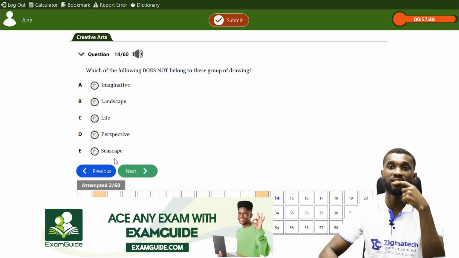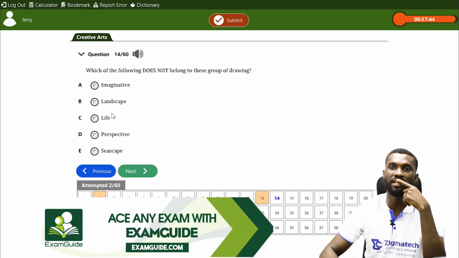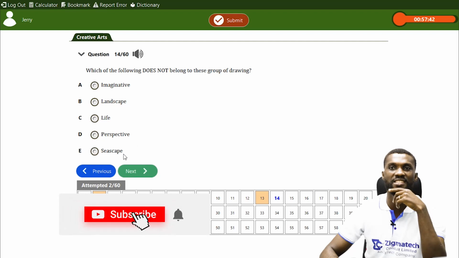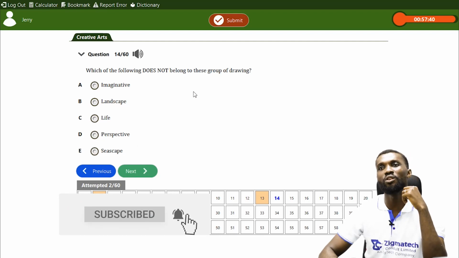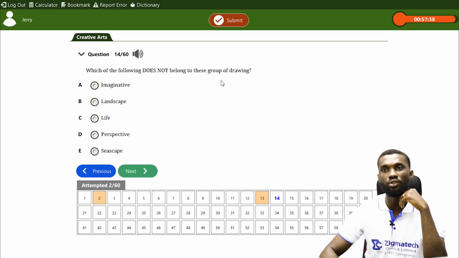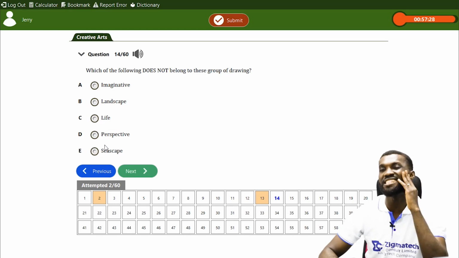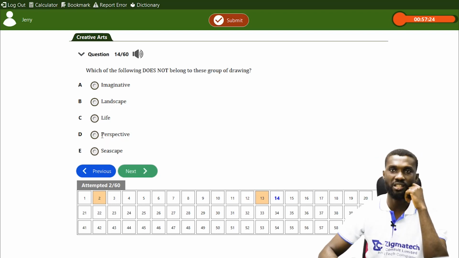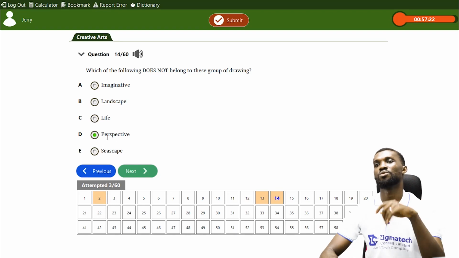And E, seascape. So which one does not belong? Imaginative composition is a drawing, landscape is a drawing, seascape is a drawing, life drawing is a drawing, but perspective is not a drawing, it's a law. It's a fundamental law in drawing. Therefore, it does not belong to this group.